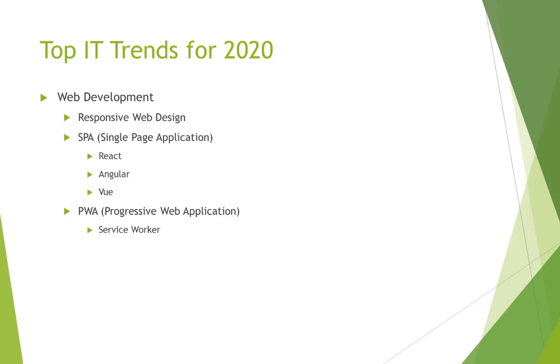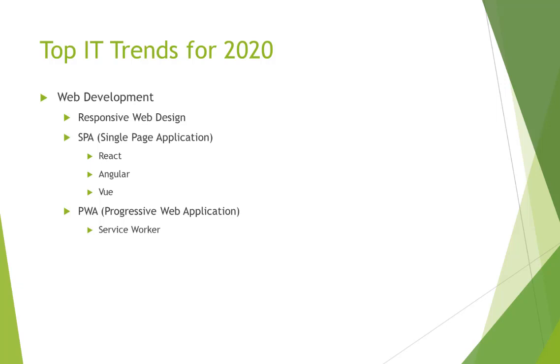And also PWA, the progressive web application. This is also very significant in demand, because, for example, if your device doesn't have an internet connection, the service worker can cache lots of content. For example, if you're looking at a news portal, there is a lot of content you can still view offline on your mobile device.